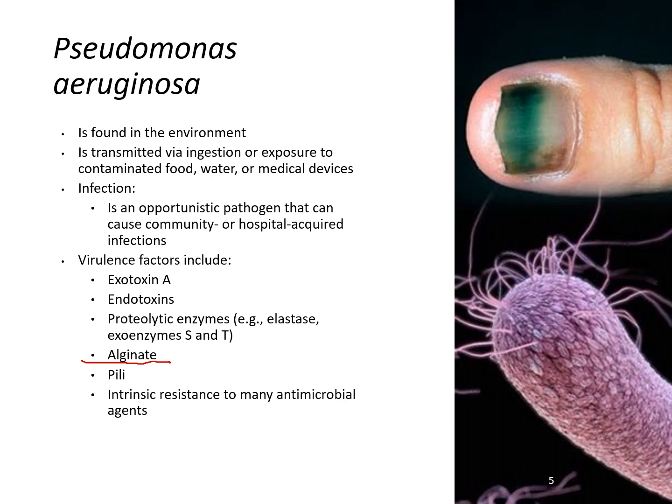This is commonly what is isolated from cystic fibrosis patients, where it will end up infecting the lungs. They already have problems with clearing the fluid within the lungs, and so the Pseudomonas will create that biofilm, which makes it a little bit harder to treat.